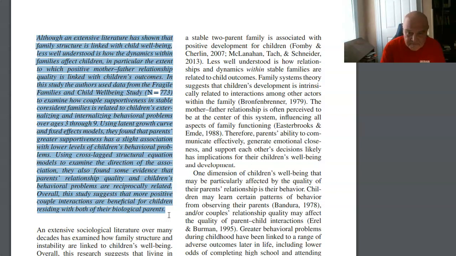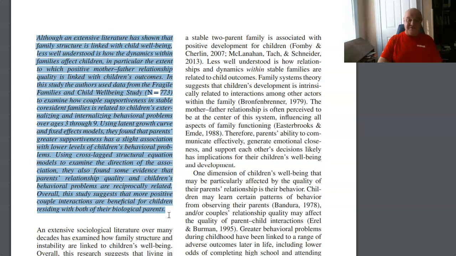You're going to see a lot of language that perhaps you're not familiar with. Don't worry about knowing what structural equation models cross-lagged are, or what latent growth curve and fixed effect models are.